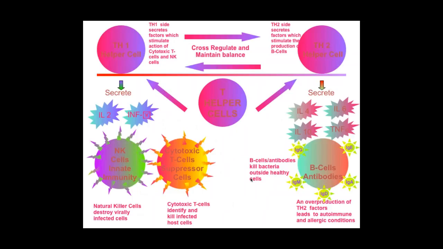So what is upregulated in autoimmunity is the Th2 side, so on the right. And so all those cells are secreting these different inflammatory cytokines, IL-4, IL-6, IL-10, TNF-alpha, and an overproduction of these Th2 side is what leads to autoimmune and allergic conditions.